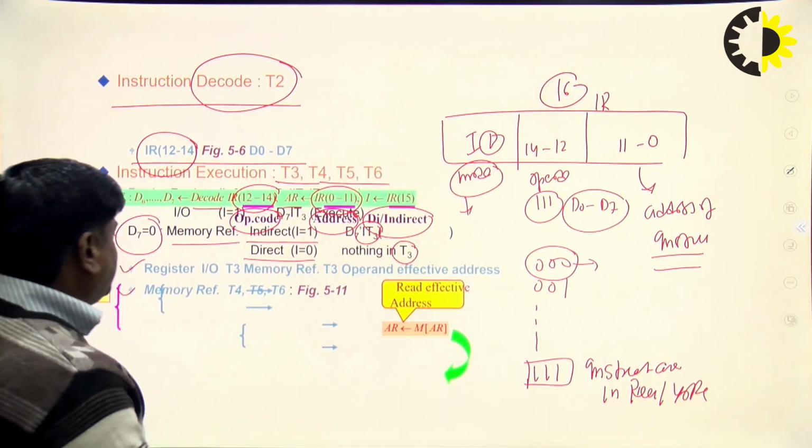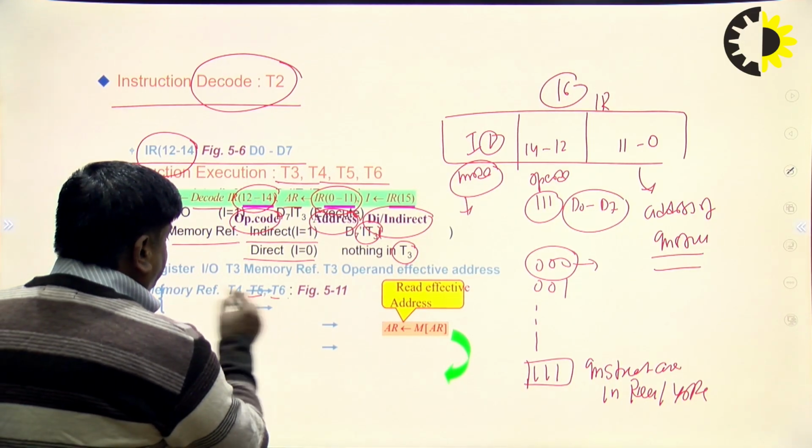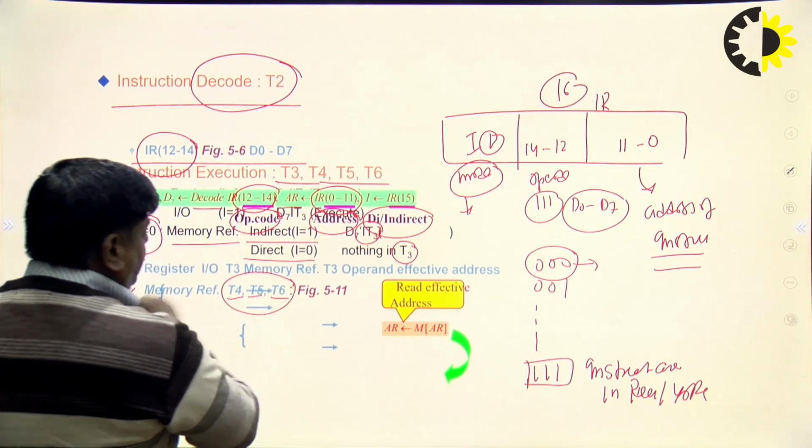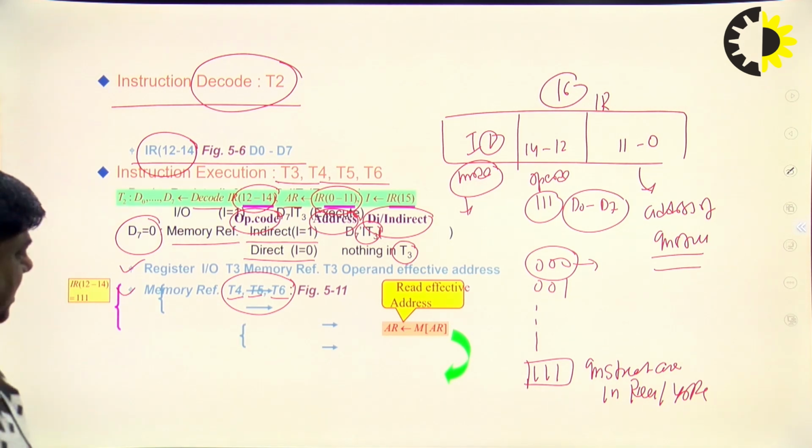Now let's take time cycles T4, T5, and T3, because T2 is here, T3 is here, and another 3 time cycles are stored.